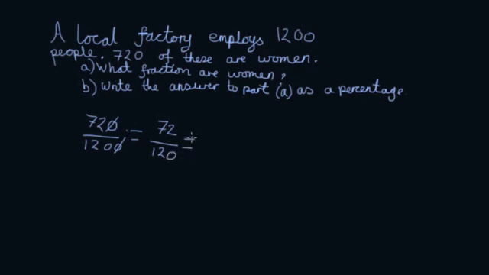And now we will just simplify it down further, so we get 6 over 10, and then we simplify that down to 3/5.